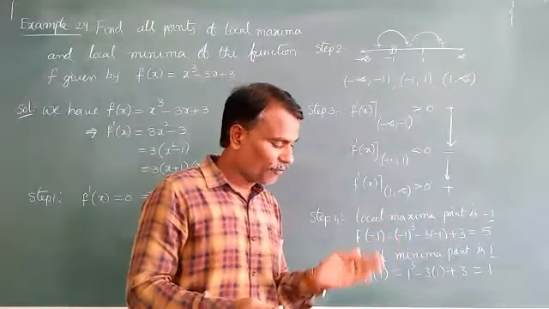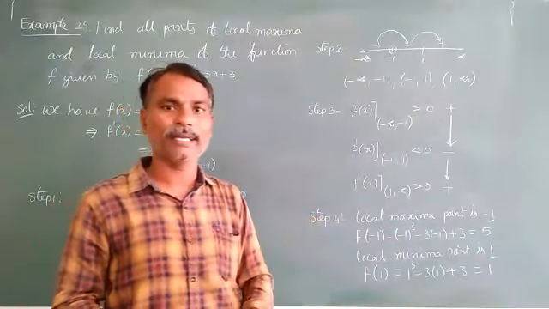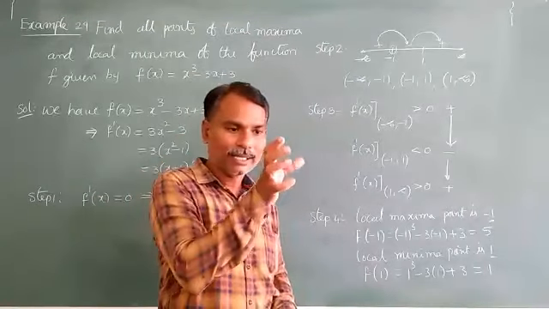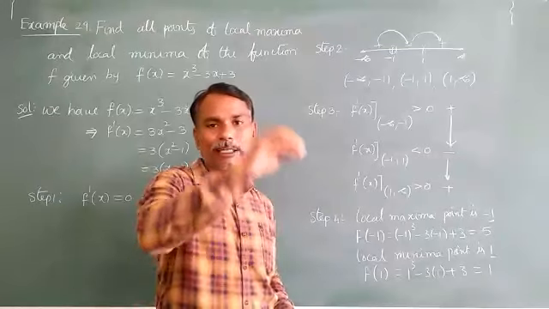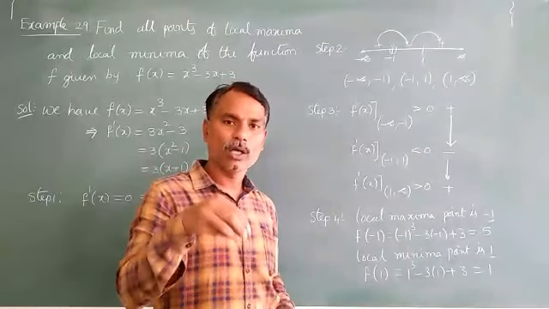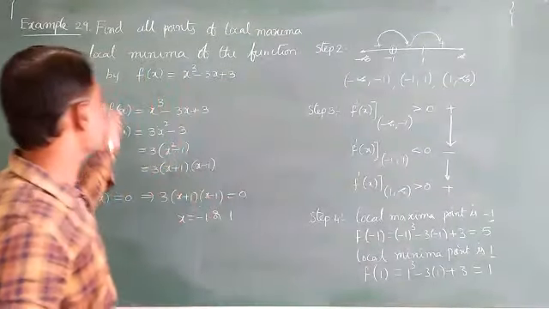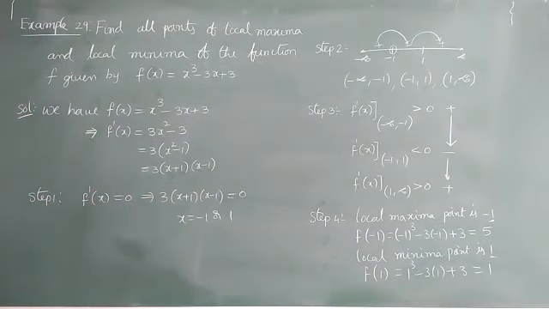But here, where plus is changing into minus, there we get the local maxima, and where minus changes into plus, there we get the local minima. So understand it and note down these points.